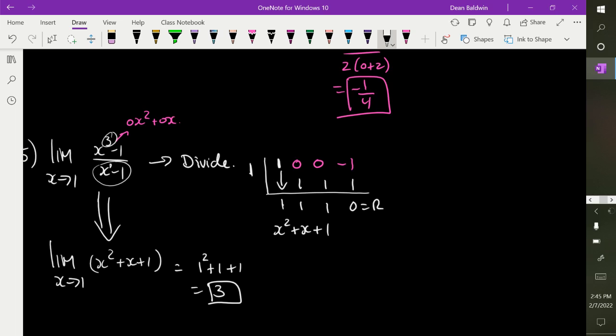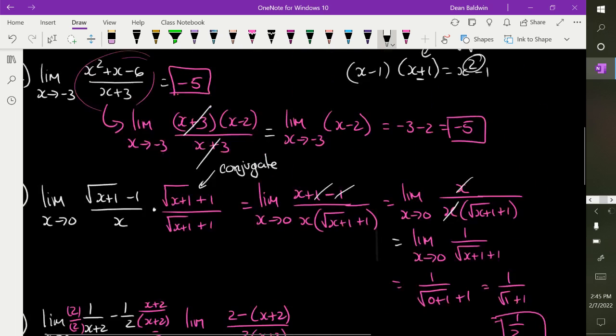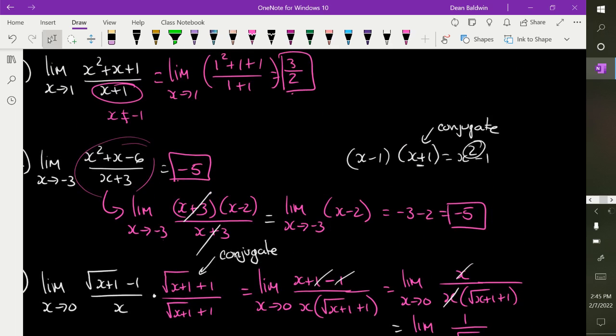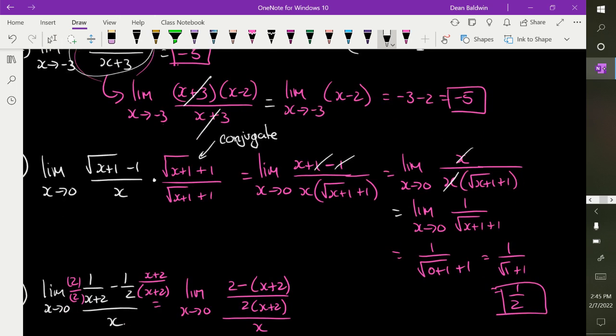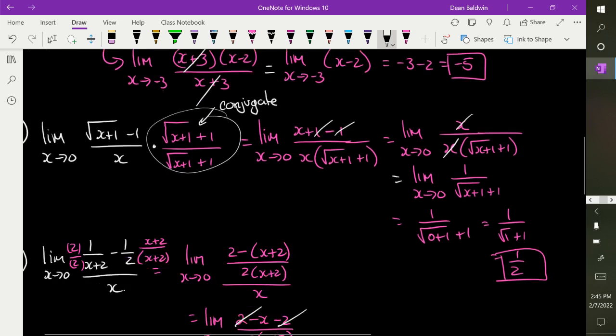If you have any of those questions, please come see me. But the basic idea is if you can plug it in, that is always your go-to step. Then if you have something that has a discontinuity that you cannot plug in the number, i.e. polynomial over polynomial, a rational function, factor and cancel, remove the discontinuity, and then if you have a radical, multiply by the conjugate, both the numerator and the denominator.